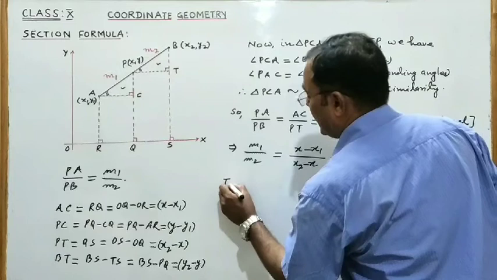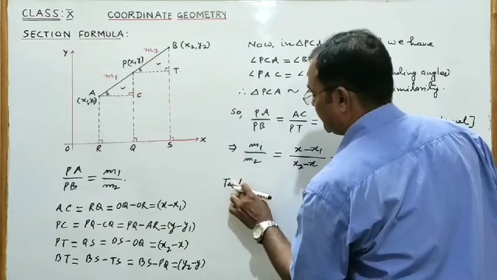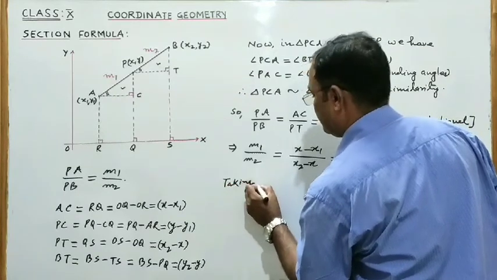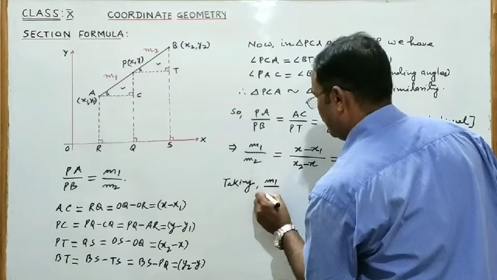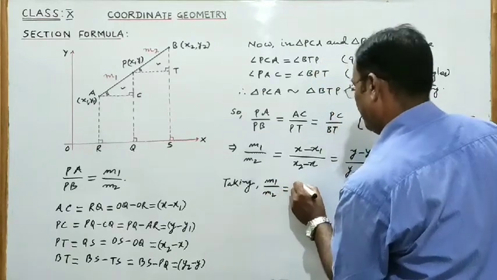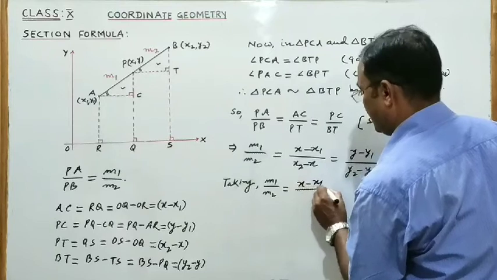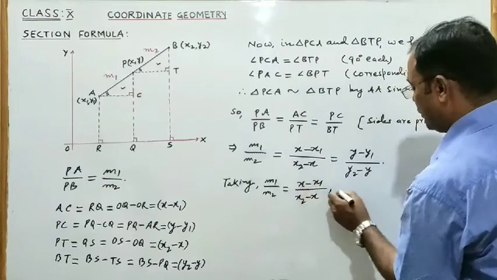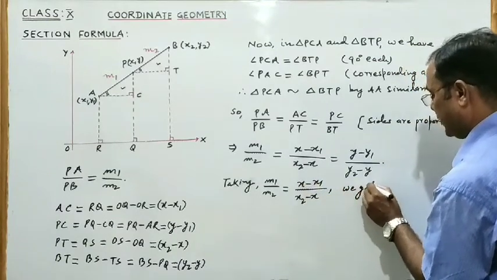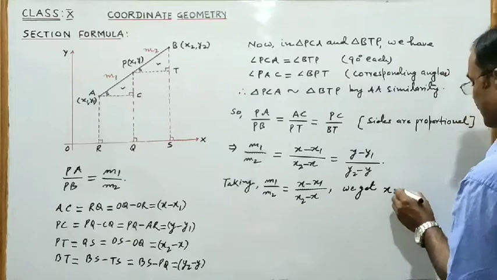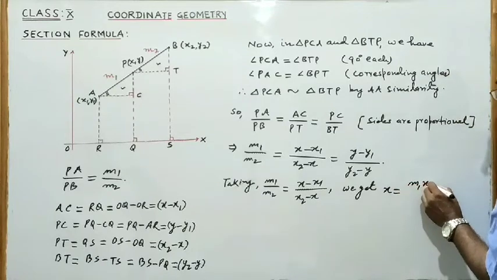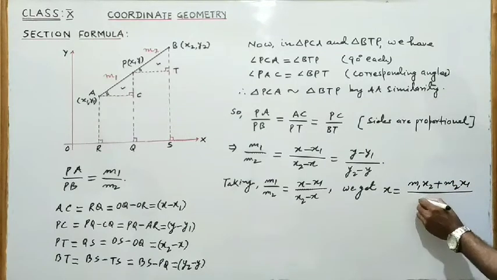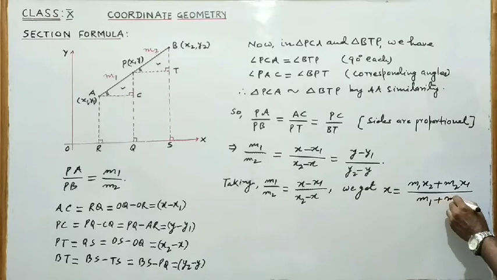Now taking m1 by m2 equal to (x minus x1) by (x2 minus x), and solving this equation we get x equal to (m1 x2 plus m2 x1) by (m1 plus m2).